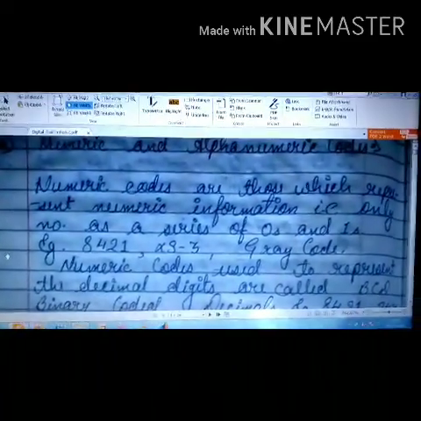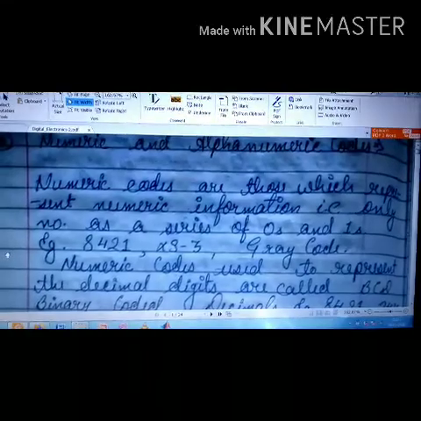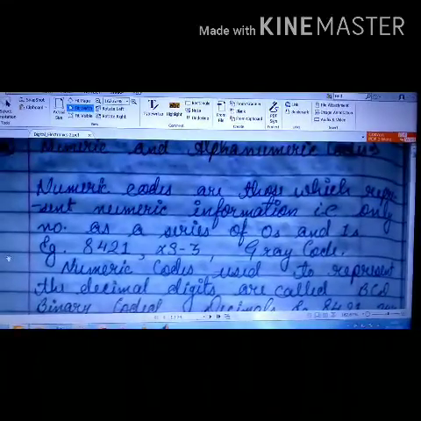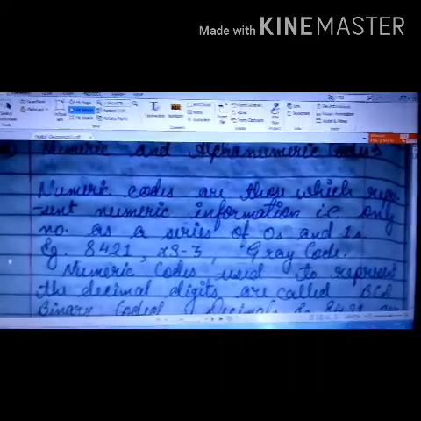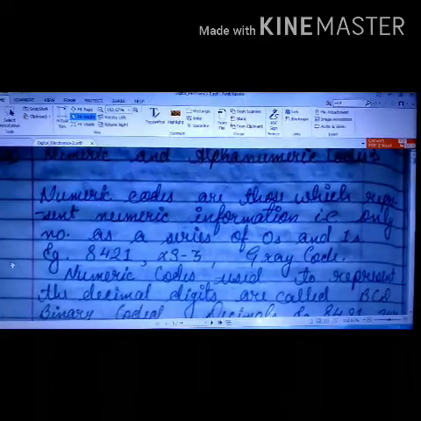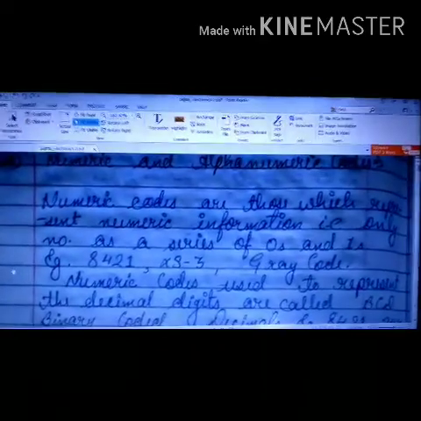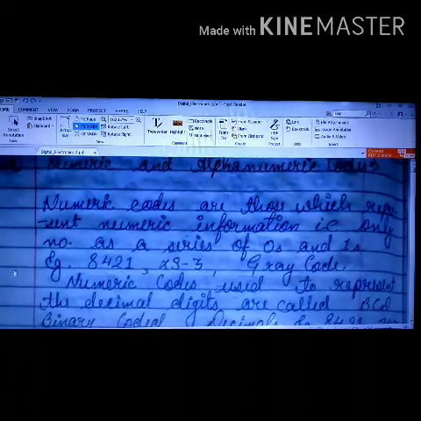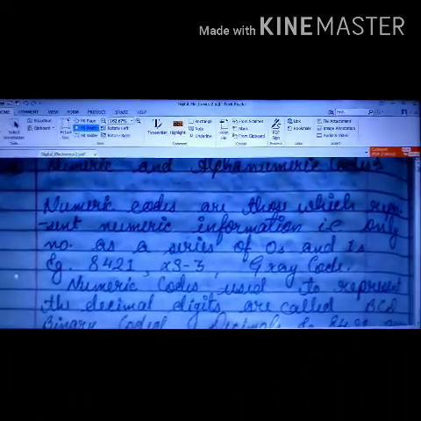Numeric codes, as the name signifies, must be codes which contain only numerals, that is numbers. So numeric codes are those which represent numeric information, that is only numbers, as a series of zeros and ones. Examples: 8421, XS3, gray codes.